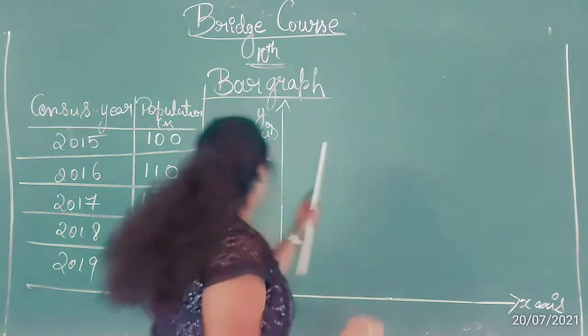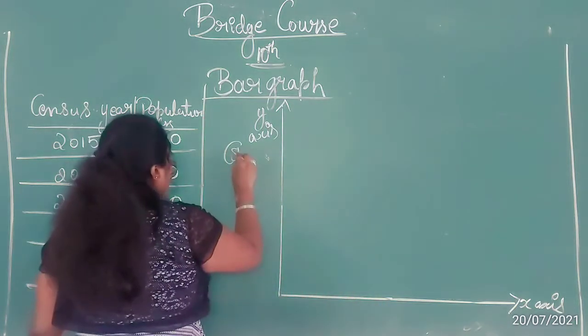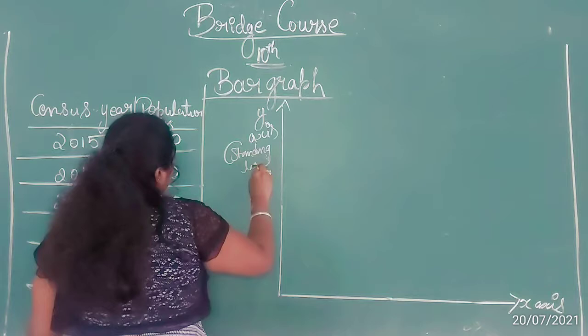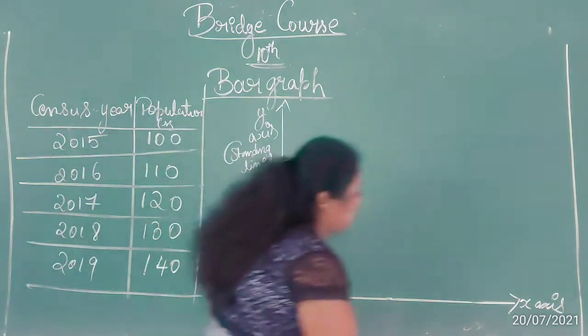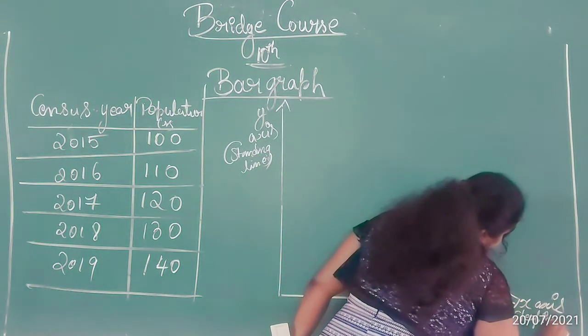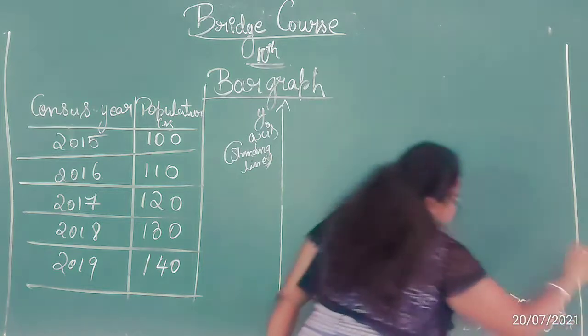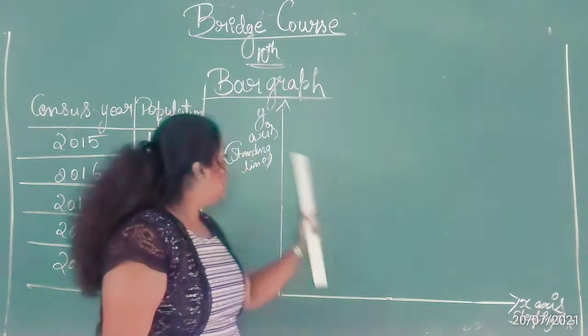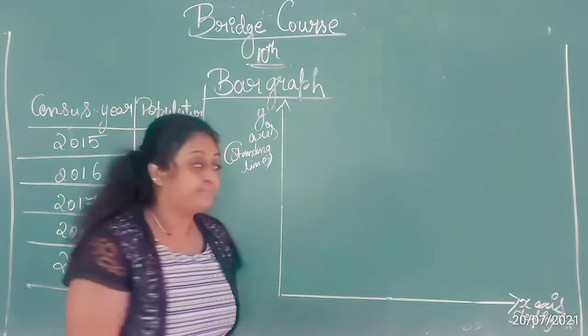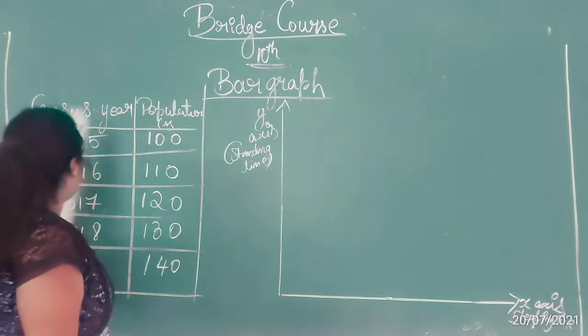Remember, I will write here for your understanding. Standing line, and this is the sleeping line. Standing line is what? Your y-axis. Sleeping line is your x-axis. Now always remember this.